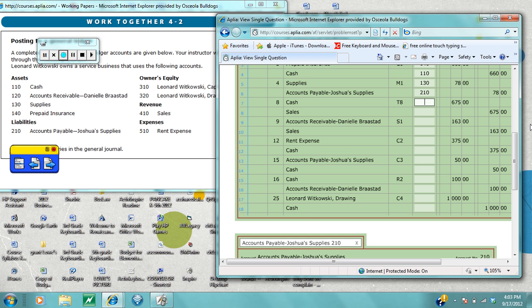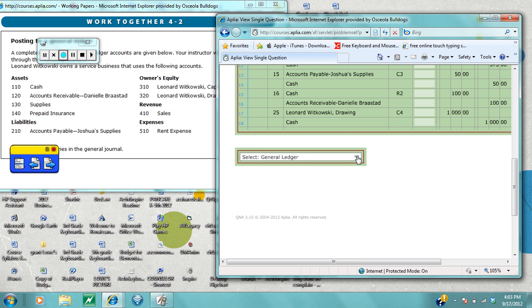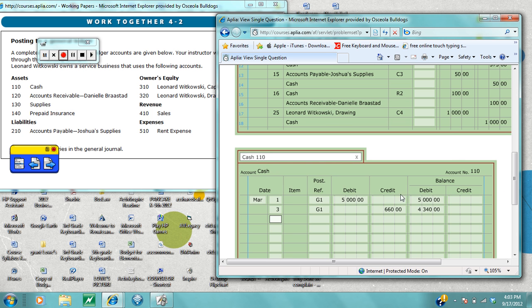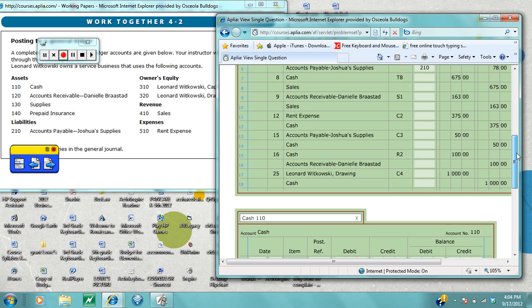Now cash, $675 debit. So we go to cash. Oops, didn't pay enough attention to the date. The 8th.